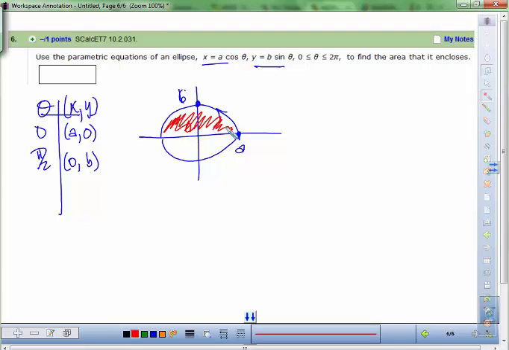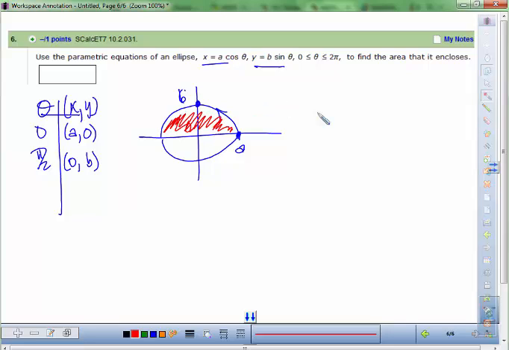So let's find this area using parametric equations. Yeah? Can you just find it from t equals 0 to whatever b, and then multiply it by 4? Oh yeah, you could do that too. That might even be easier. Should we do that?